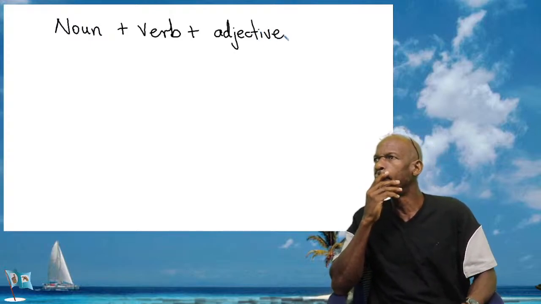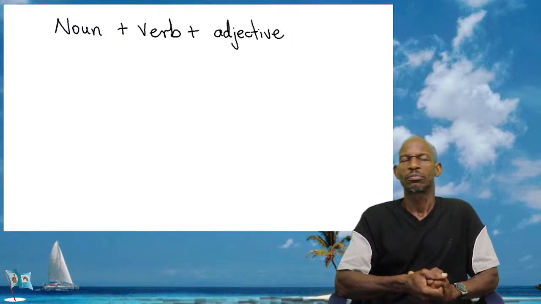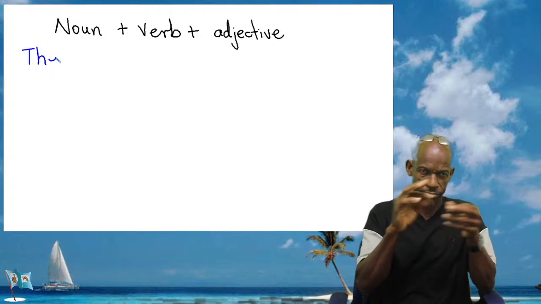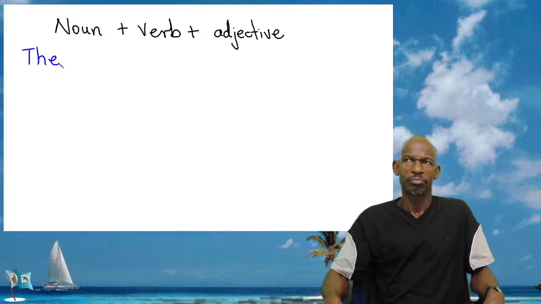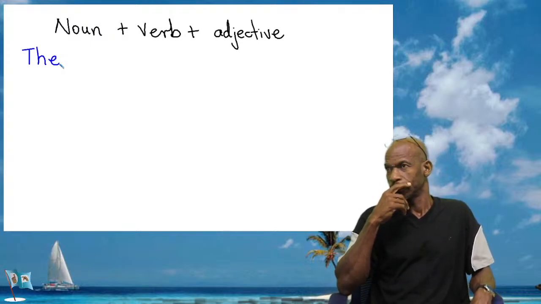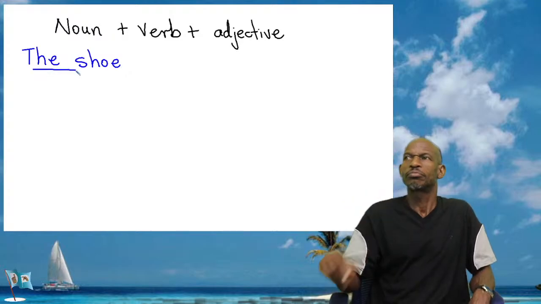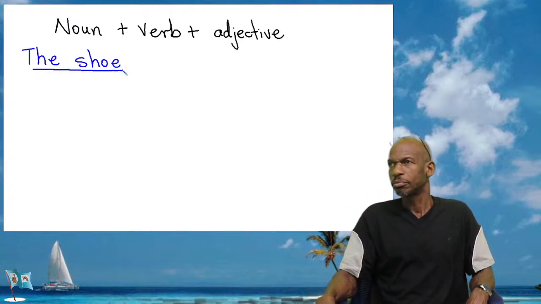So we have the sentence now. Now remember, we always use the word the. We remember how to use the. So I can say the shoe, related to this noun here. The is pointing to the shoe.